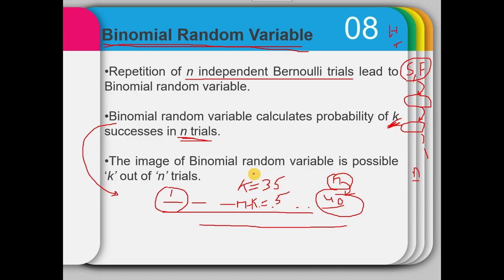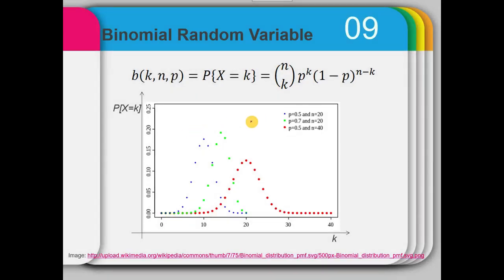The probability of success of each trial is p, which means p is the probability that each individual student will pass this course, and each individual student has the probability of 1 minus p of failing. So when I repeat this experiment 40 times and try to find the probability that 35 students pass or 5 students fail, which is the same thing, then I'm looking at a binomial random variable. So in the future, if you see these kinds of experiments, you will know that it is a binomial random variable. So this is the PMF of a binomial random variable. On the right hand side, you can notice that it is actually the binomial law.